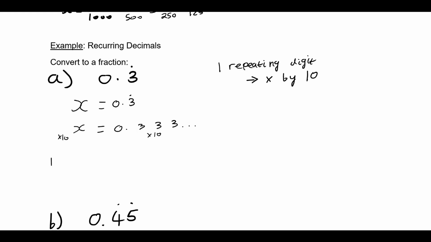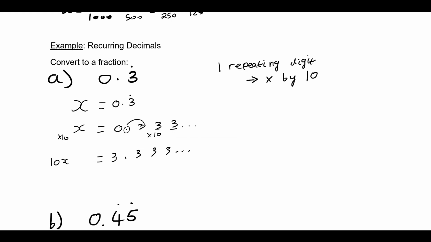On the left-hand side, I've got 10x, and on the right-hand side, when we times by 10, one of our first videos tells us that we move the decimal point one place to the right, okay? So I have 3.33 forever, 3, 3, 3 forever, like that.